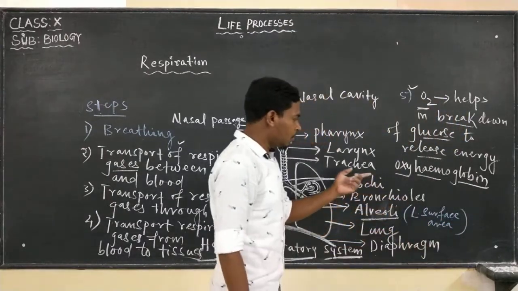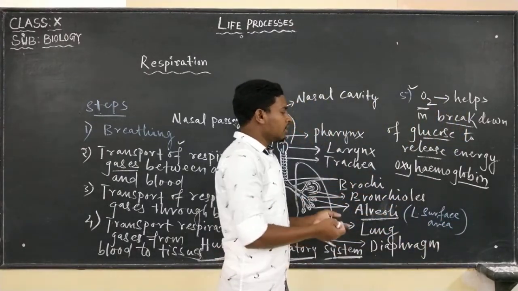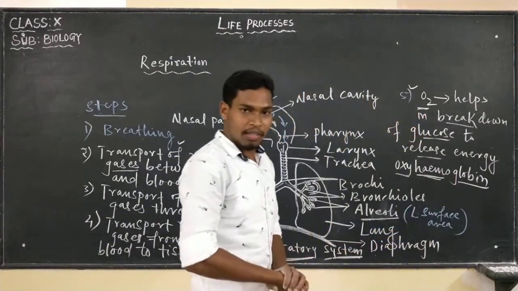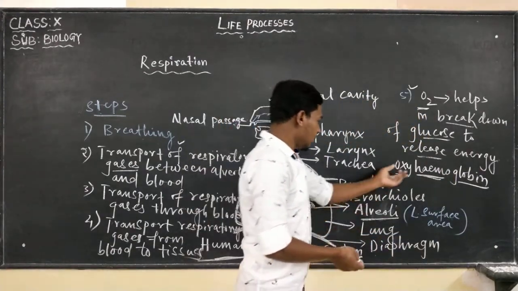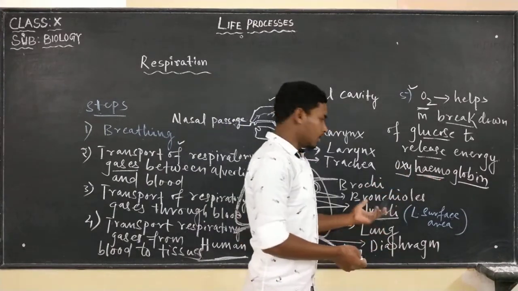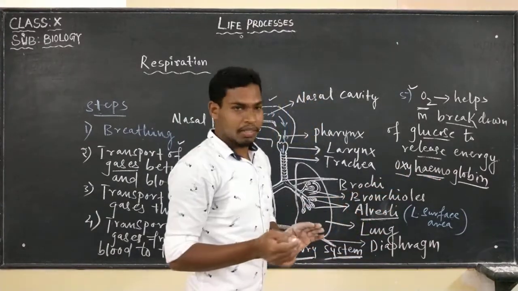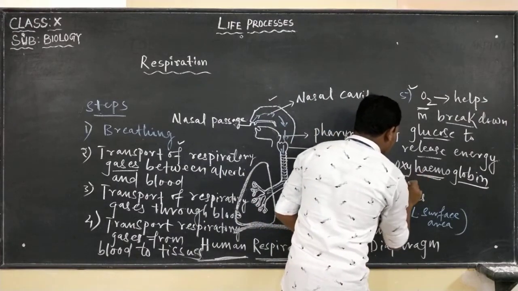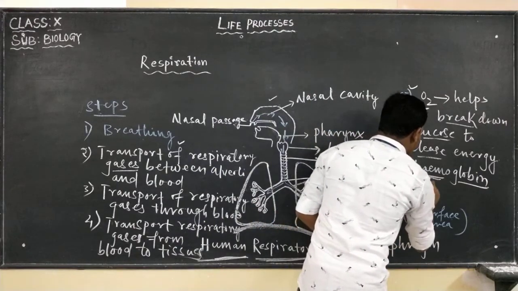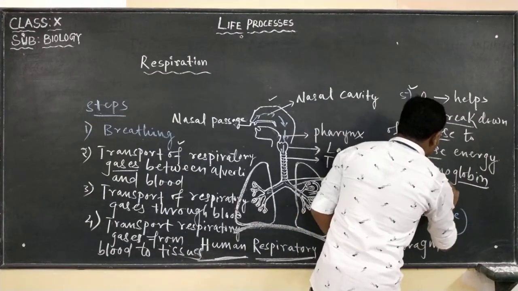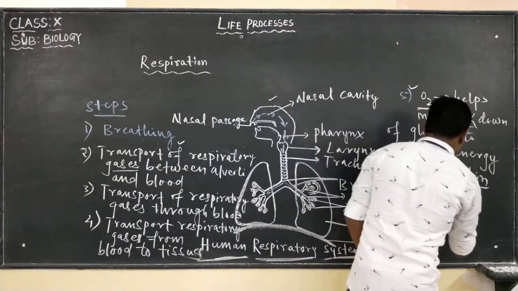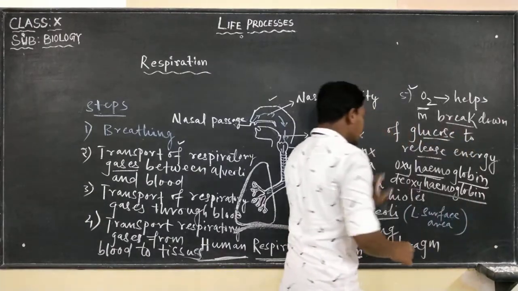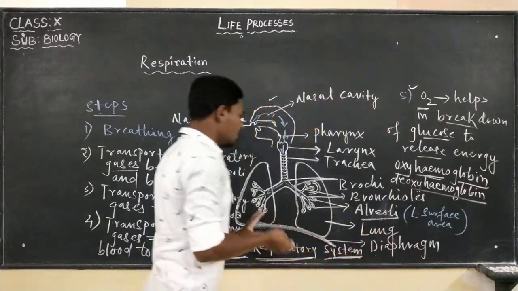So if oxygen is attached with the iron protein, it is known as oxyhemoglobin. If it is carbon dioxide, then what do we call it? Deoxyhemoglobin. These 2 terms you need to keep in mind.